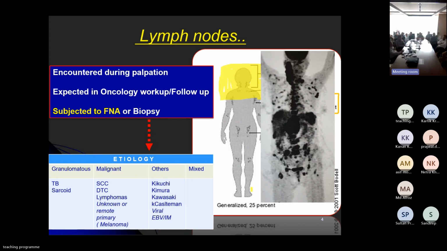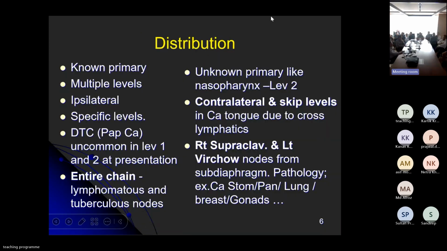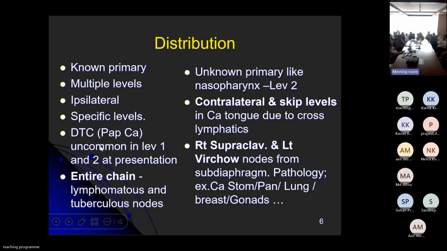We should know some facts, mainly the radiologist, that there can be a known primary, so it's a little easy. There can be multiple levels, there can be skip levels. In differentiated carcinoma, generally we don't get level 1 or level 2 involvement at presentation. In lymphomatous and tuberculous nodes, the entire chain can be involved.